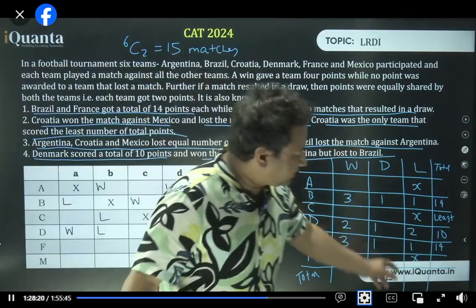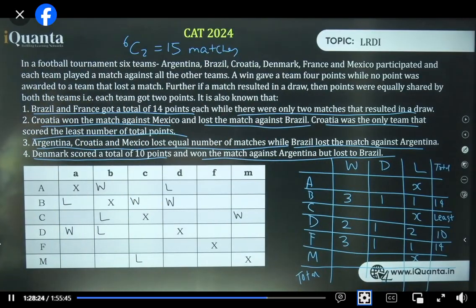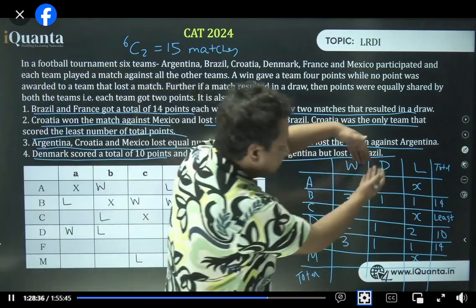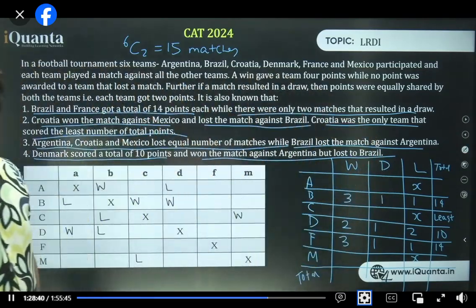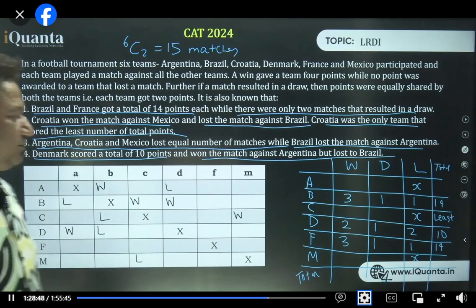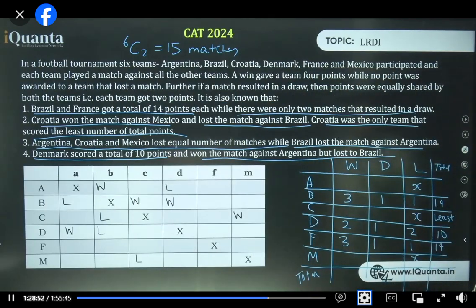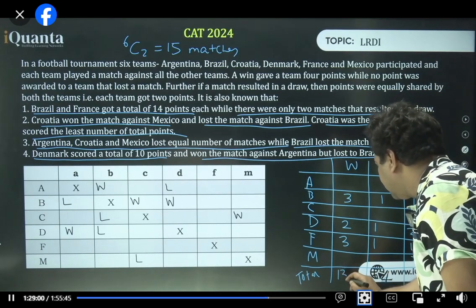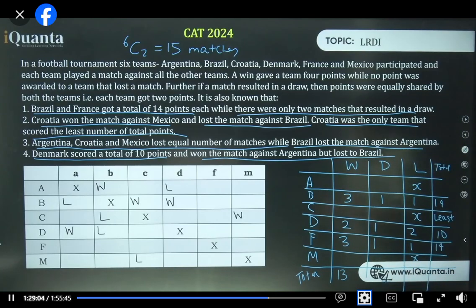And because 2 matches are draw, which comes out to be 4 because I'm assuming all these things over here, how many matches would be lost or won overall? 13 matches will be won, and because 13 matches have been won, 13 matches have been lost also. Is that clear? The 13 losses and 13 wins.